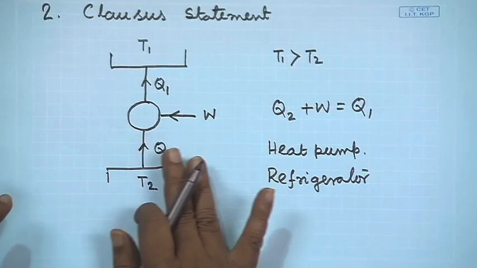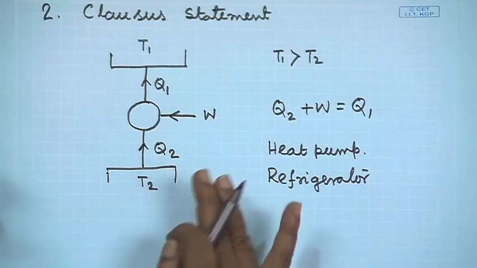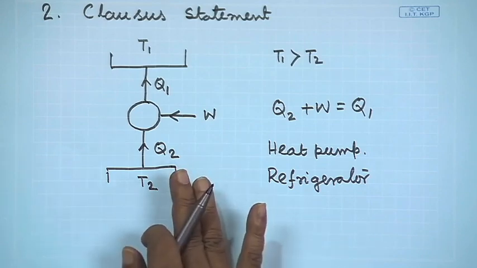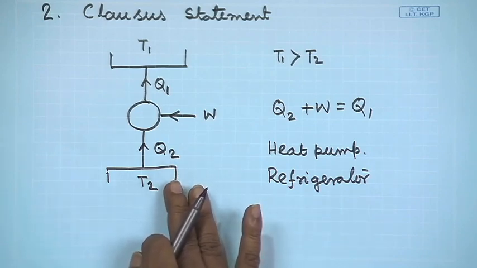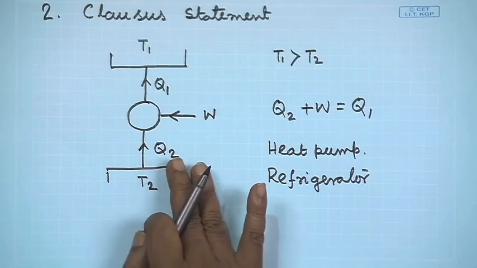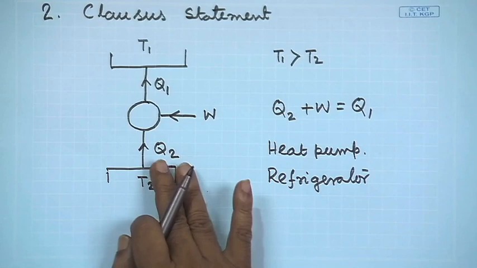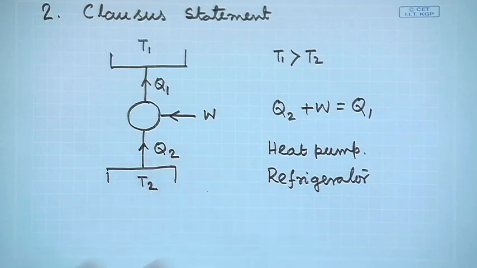So, basically the device which I have drawn is showing a refrigerator, whereby putting external energy I am continuously extracting heat from a low temperature body. So, this acts as a refrigerator, and when I am calling it a refrigerator, my focus is at the low temperature body and at the heat or thermal energy which I am extracting from the low temperature body.